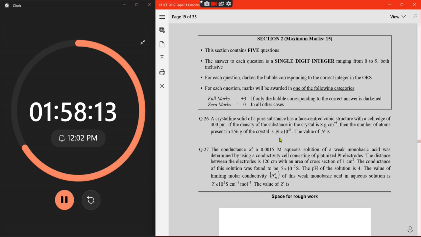Okay, so it's like half. Face-centered cubic, right? So how many atoms per cell, 4 atoms. Pure substance, awesome, nice.